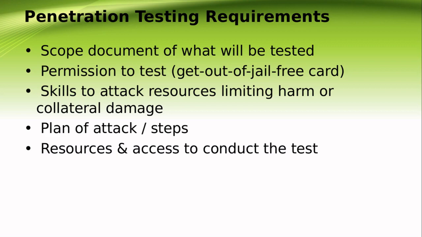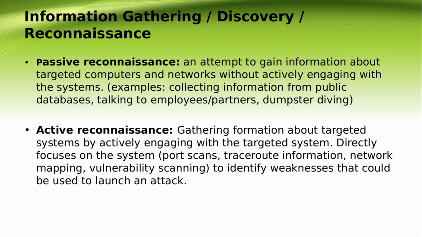So, information gathering, discovery, and reconnaissance. Passive reconnaissance we talked about earlier. So an attempt to gain information about the targeted computers and networks without actively engaging with the systems. Examples: collecting information from public databases, talking to the employees, partners, and dumpster diving.